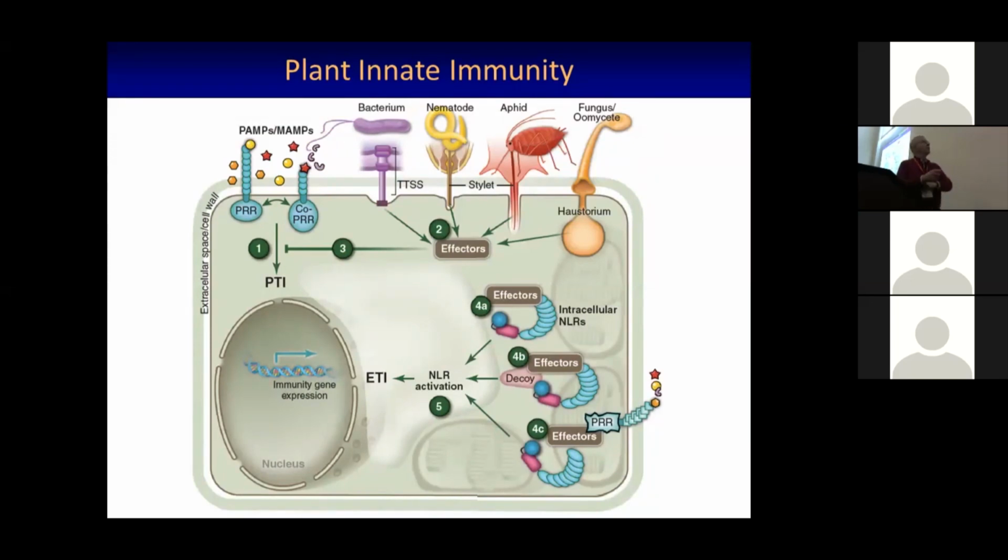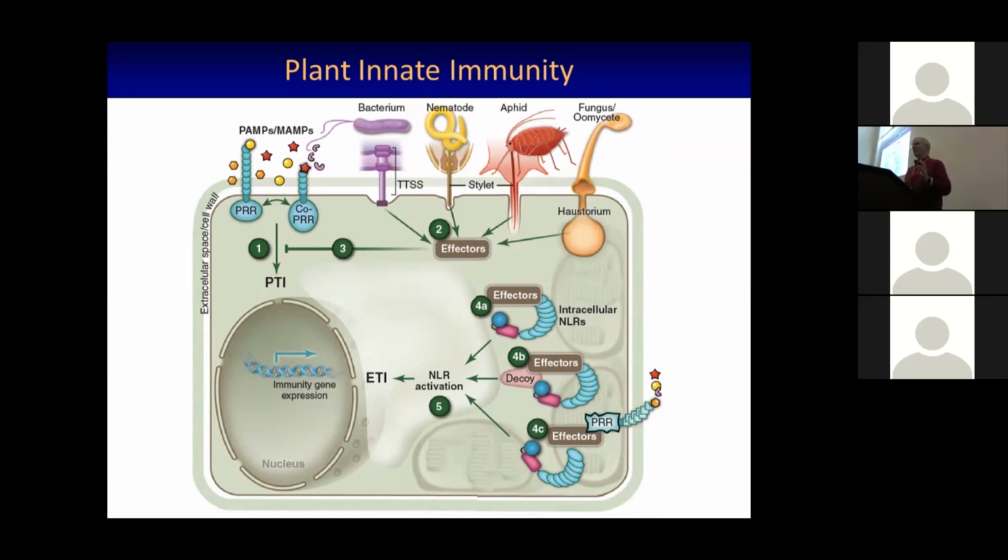But what I want to point out here is at least two layers of the plant immune system. And we'll get to a third one in a moment. But one of the first layers of the plant immune system is called PTI. And P stands for PAMP. So there's a lot of acronyms in this whole game. So PAMP stands for pathogen-associated molecular patterns, or some people call them MAMPs, microbial-associated molecular patterns.